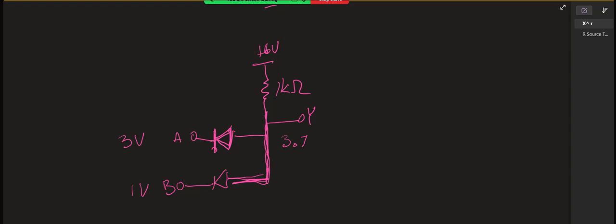It needs to be 3.7. But if it is 3.7, then this one is also on, which would mean it'd have to be 1.7. And that can't be. It can't be both 3.7 and 1.7.